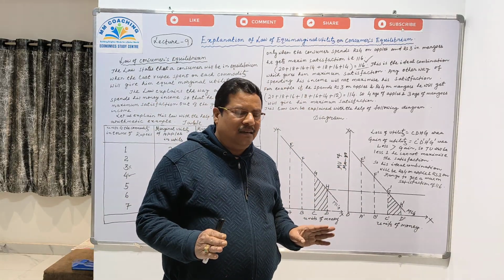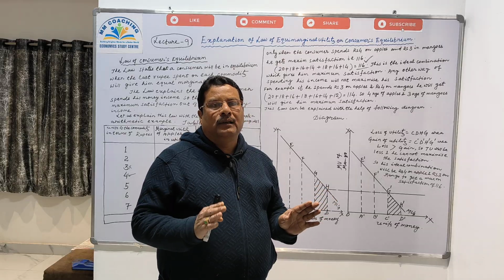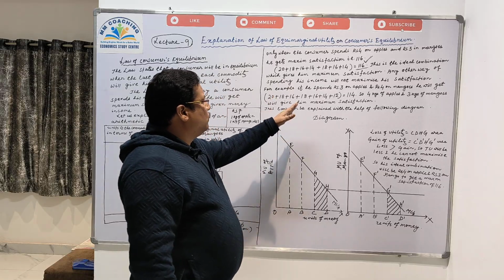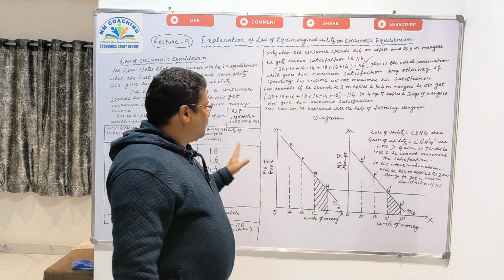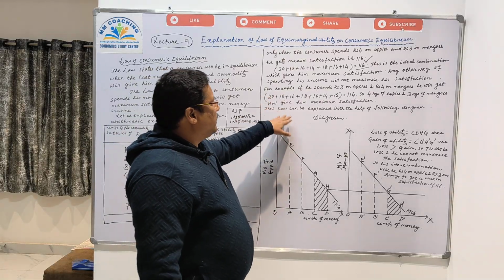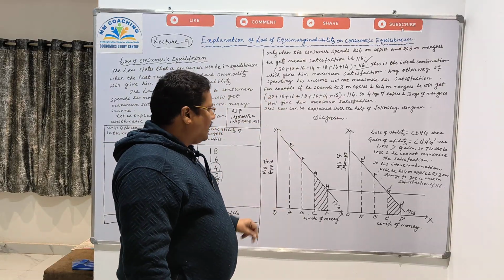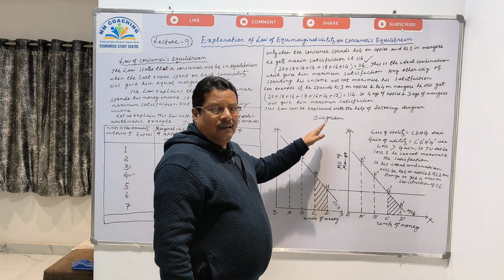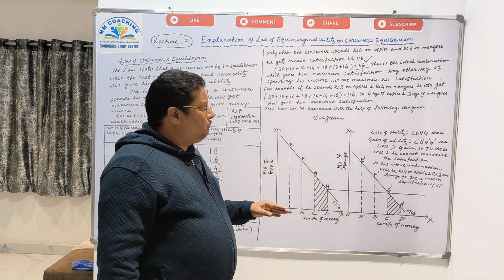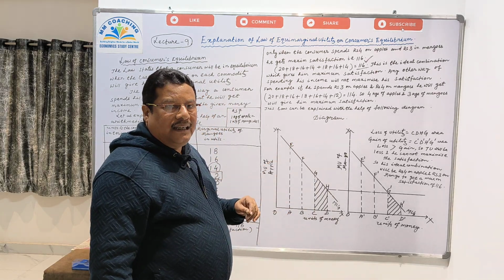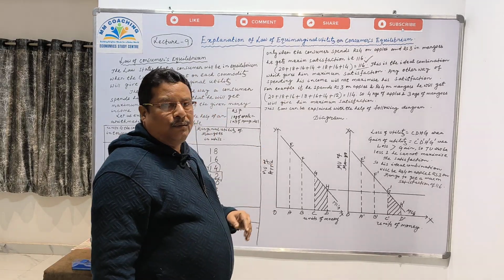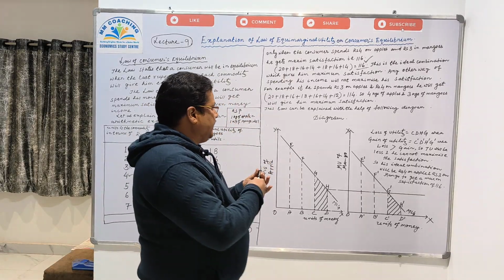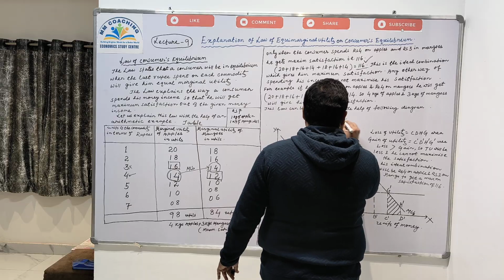Any other combination will not give him maximum satisfaction, and I have already shown you with the help of the arithmetic table and arithmetic calculations. So now we can explain the law of consumer's equilibrium or equimarginal utility with the help of the following diagram. So I have taken a diagram.